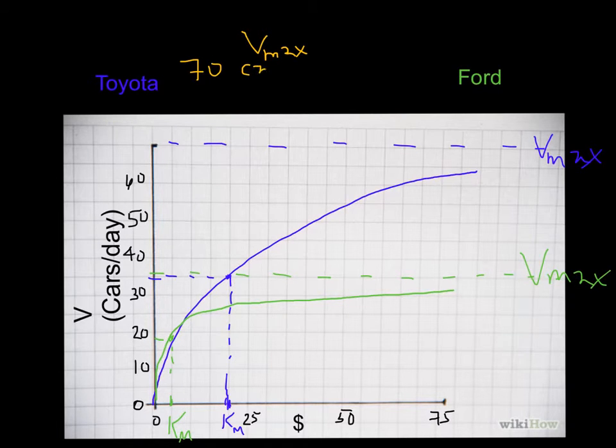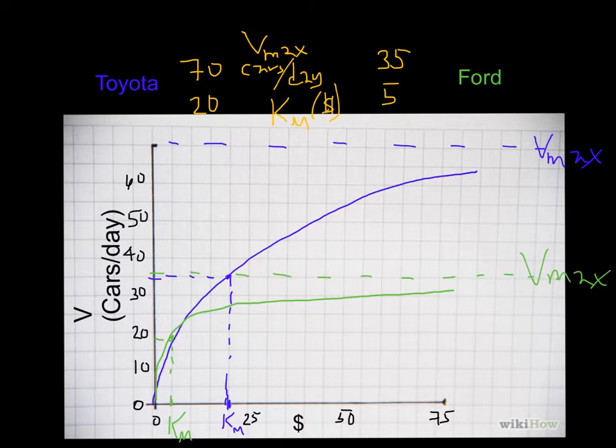So that means they can do 70 cars per day. That's pretty good. The Vmax for Ford is half that. It's 35 cars per day. Alright? So now what about the Km? And the units for Km here are dollars. 5, 10, 15, 20. So Toyota's Km is $20. Ford's Km is $5.